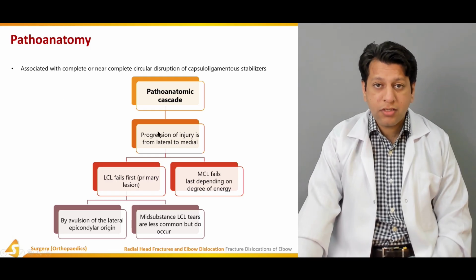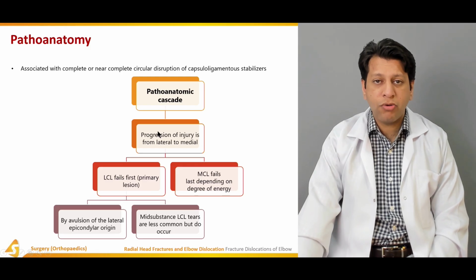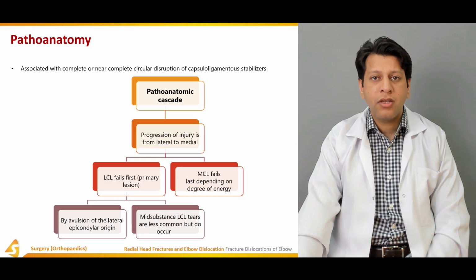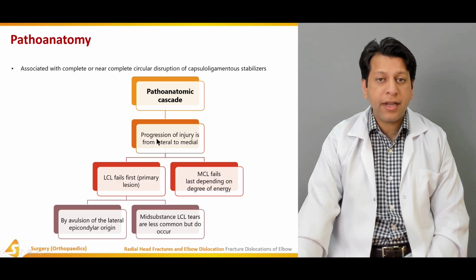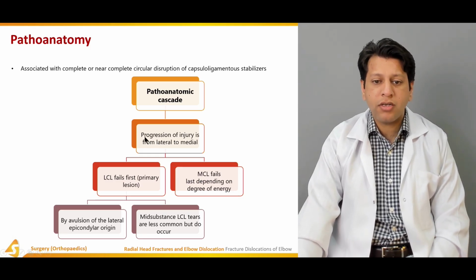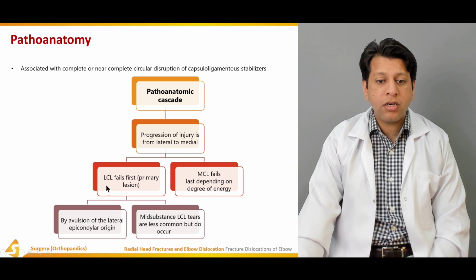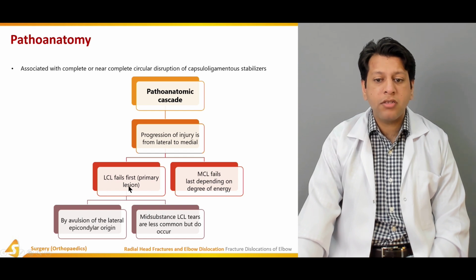Usually whenever an axial load is applied, the arm is in supination and external rotation, and a valgus producing force is acting on the elbow, this results in a progression of injury from the lateral to the medial. First the lateral collateral ligament fails, which is the primary region, by avulsion of the lateral epicondylar origin or through mid-substance lateral collateral tears.